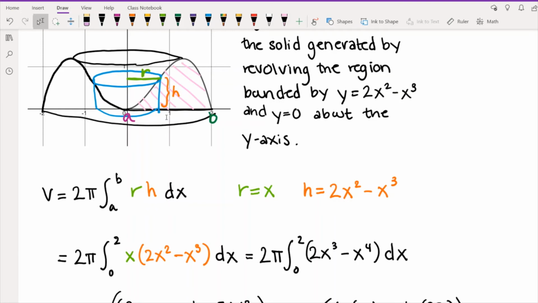One thing I just want to mention, and we'll talk more about this a little bit later this week when we talk about how you can decide whether to use the shell method or the disk or washer method. Notice that when we revolve around the y-axis, we're actually integrating with respect to x. Whereas when you use the disk or washer method, if we were revolving around the y-axis, we would have to integrate with respect to y.